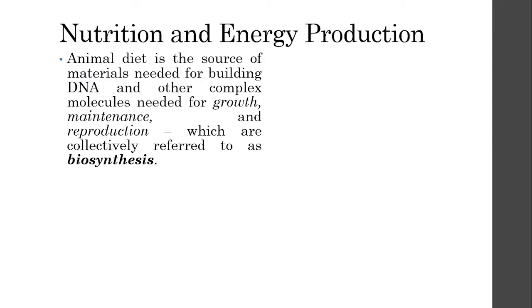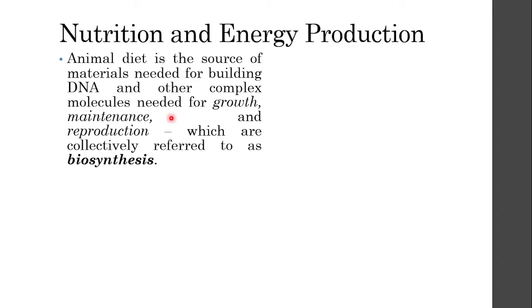Like I mentioned, the animal diet, or basically the food that we eat, is a very important source of the materials that we need to build our DNA, to replace our cells, and to create ATPs. Some of these complex molecules are synthesized by our body, but some are not.